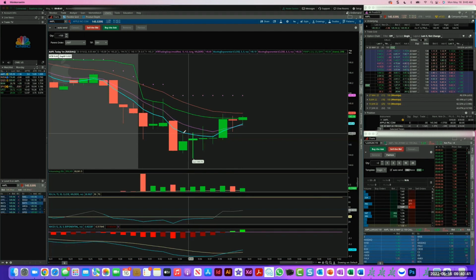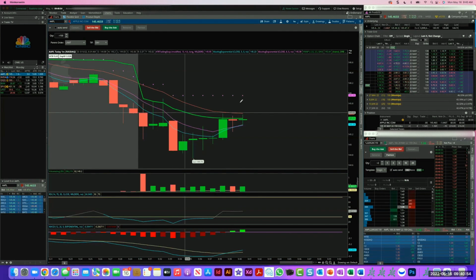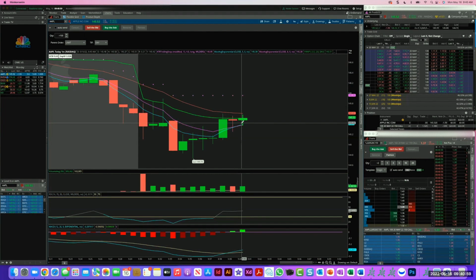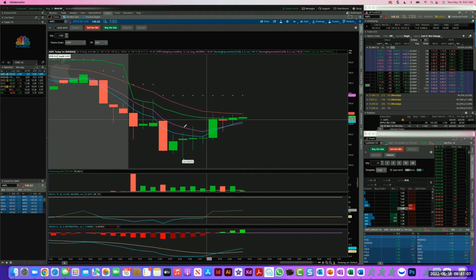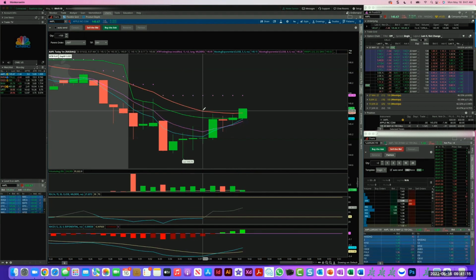So again, this is the 5-day EMA, this is the 8, and this is the 20, and this is the MACD, and this is the VWAP. When we are trending above, I want to make sure that my candle stays above the 5-day EMA if possible. And if it falls through, then I'll be looking carefully at the 8 to see if the 8's going to hold. If it does not, and if it falls through and touches and closes below the 20, I'm going to exit.